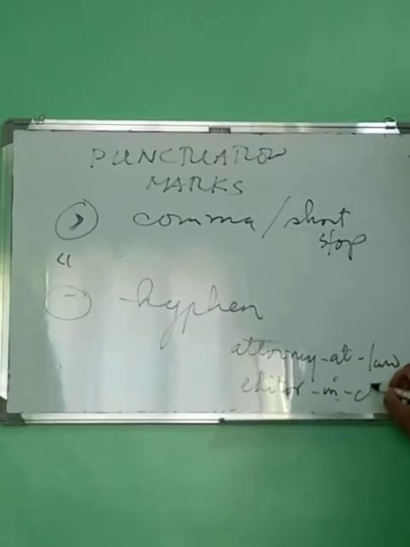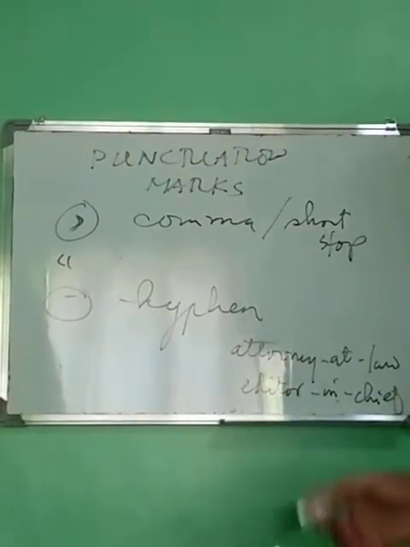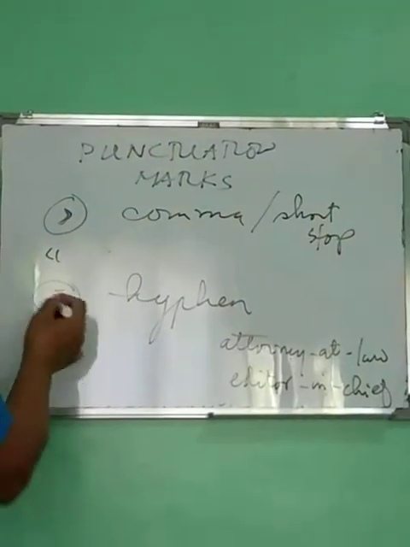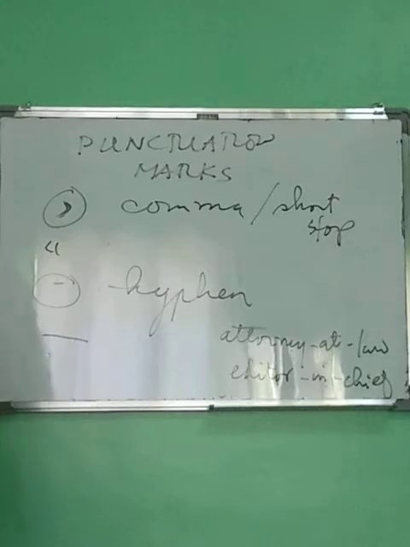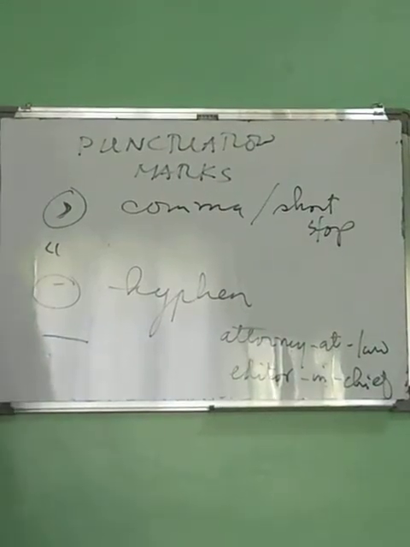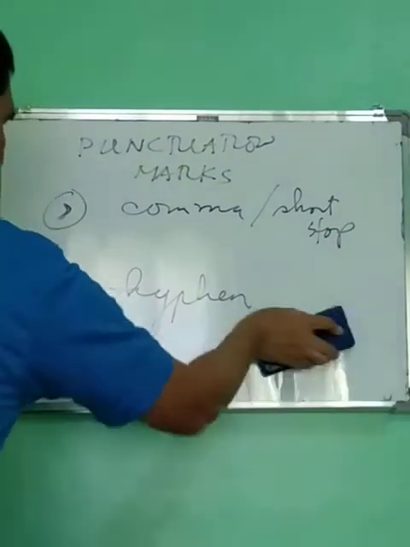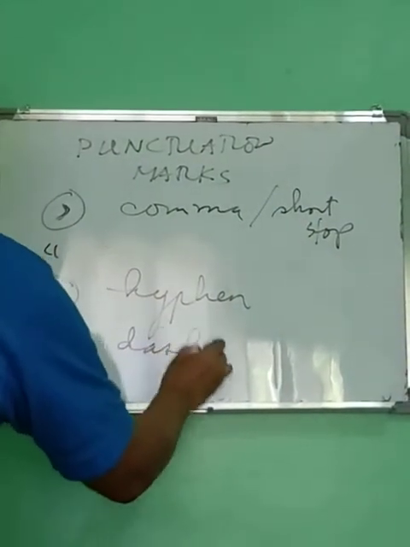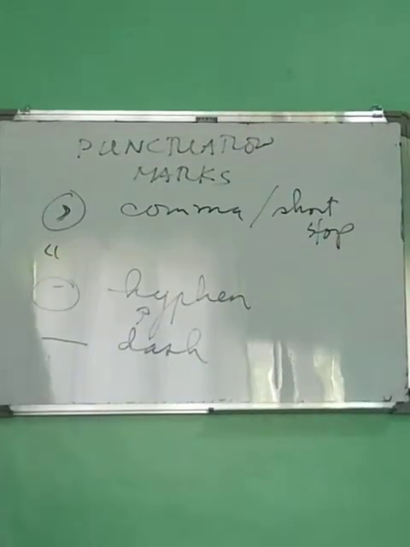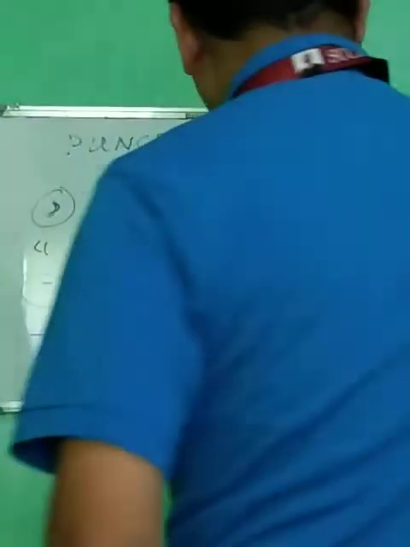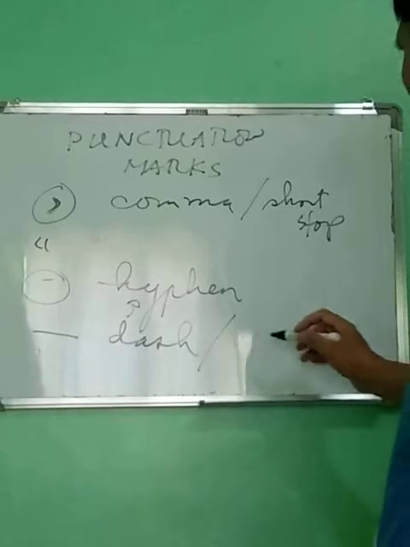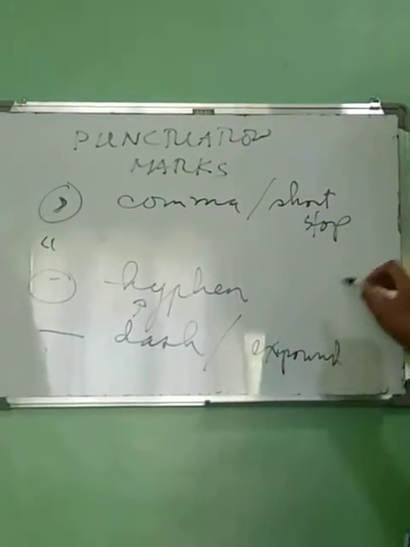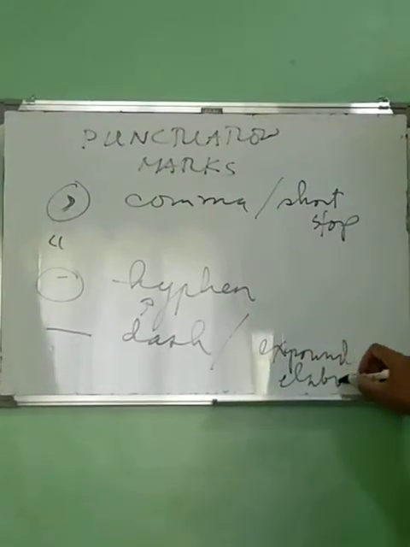These are compound words which you have studied already in nouns. How about if we make this longer? Well, this is what we call the dash. The dash is different from a hyphen because a dash would demarcate that you would like to expound or elaborate on something.